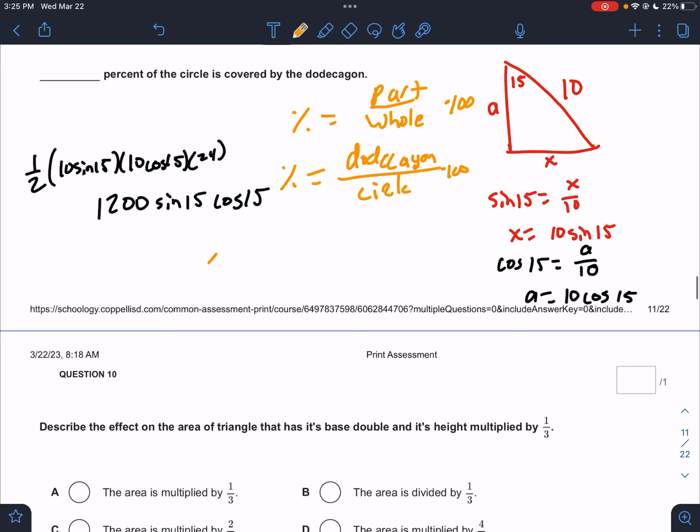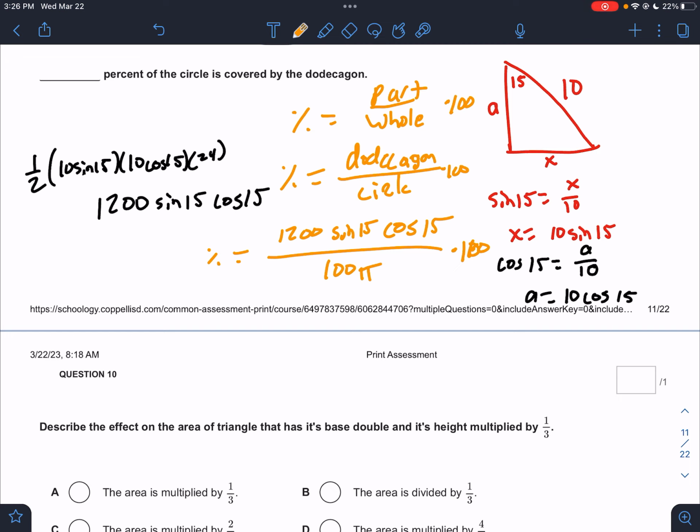That means it's going to be 1200 sine 15 cosine 15, the dodecagon, over the circle, which is 100 pi times 100. The 100s would cancel each other out, but I don't care too much about that. I'm going to type this in.